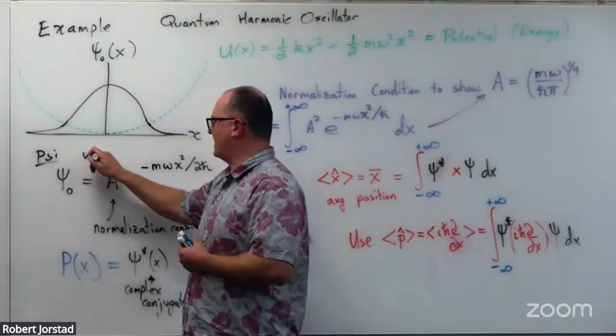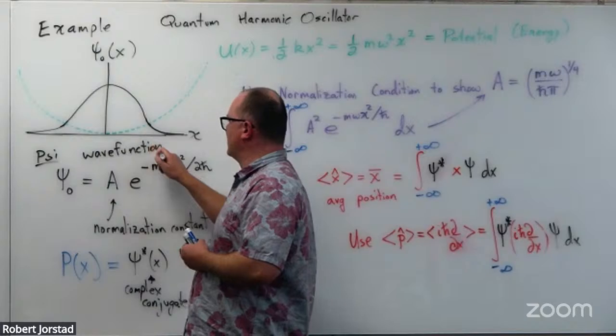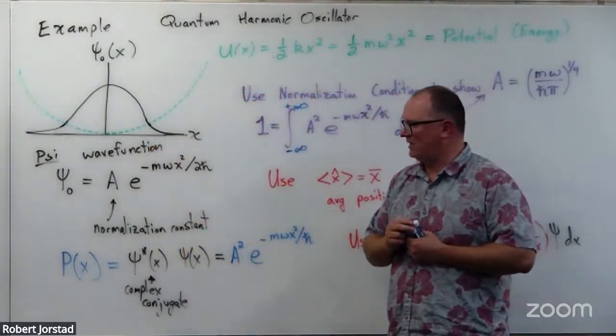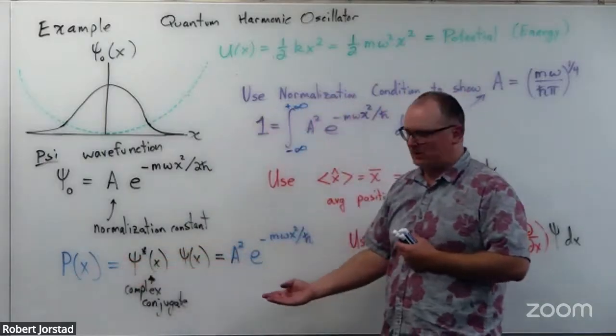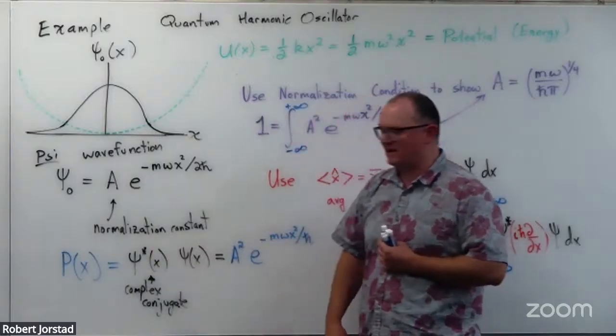It's a wave function. The wave function is not the probability distribution. It turns out to get the probability distribution, we multiply psi by its complex conjugate.